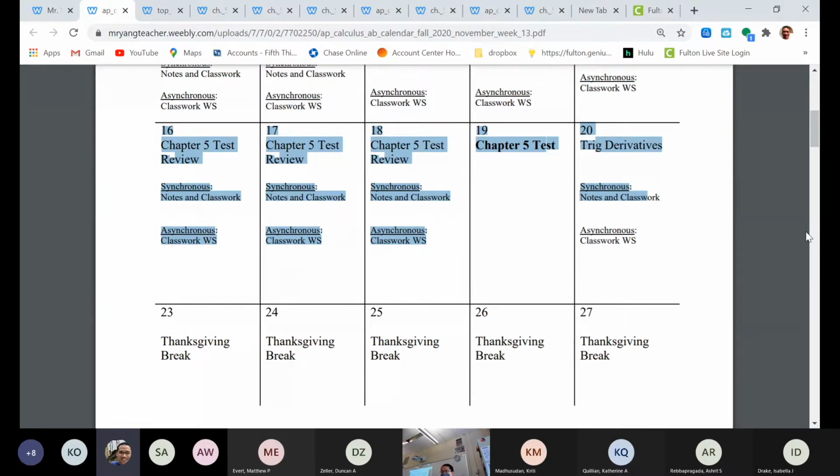Also, leading up to the test, I think there may be some students who want or need it, so I'm going to have help sessions. Help sessions start this afternoon, and I have 5th period lunch, so I'll have help sessions during my lunch period as well. I'll make myself available through Teams, and if students want to come in, they can come in for help sessions, and I'll try to record them on Teams as well.